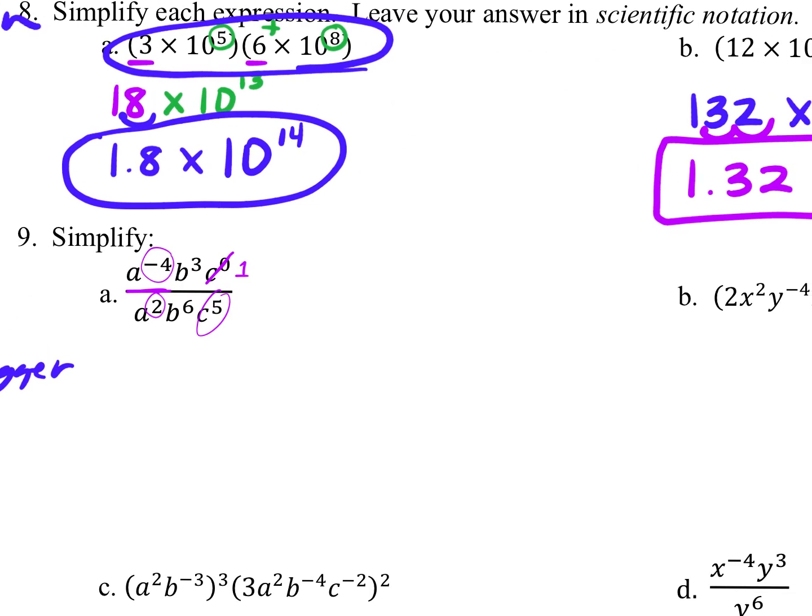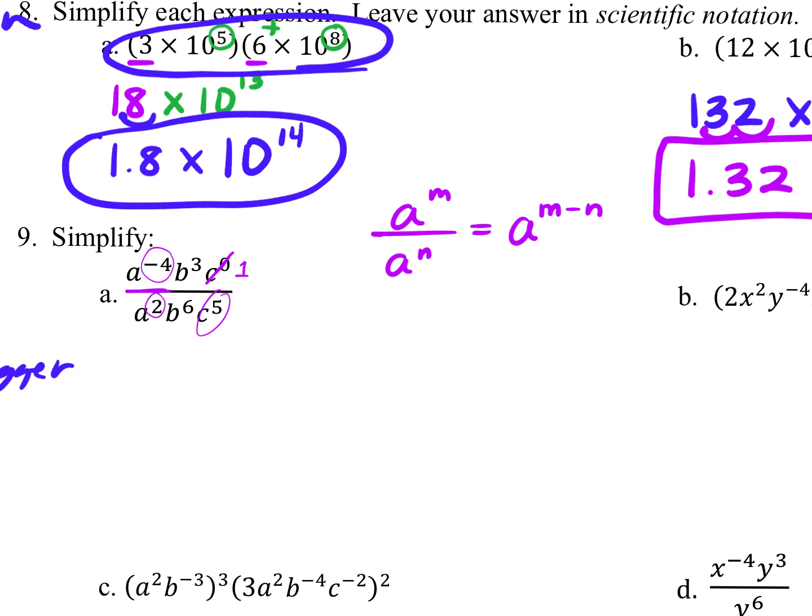Here, lay this out. A to the M over A to the N. If we're trying to simplify that, what do you do with the M and the N? You subtract them. This would be A to the M minus N. If I were you, I would go into your chapter 7 notes and pull up all of those properties of exponents and write every one of them on your note card.